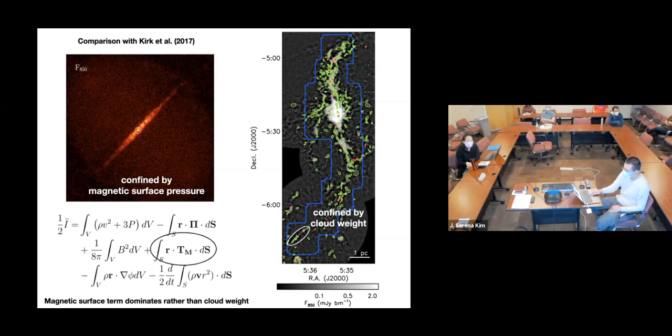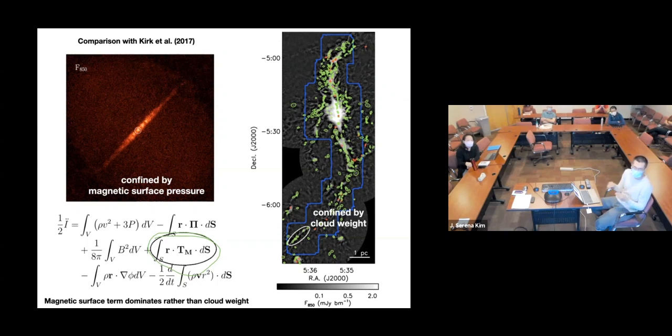So now if you look at the virial theorem, I actually calculated the contribution of these different terms. And then actually the magnetic surface pressure, or surface term of the virial theorem, dominates. So this magnetic pressure is confining these cores.